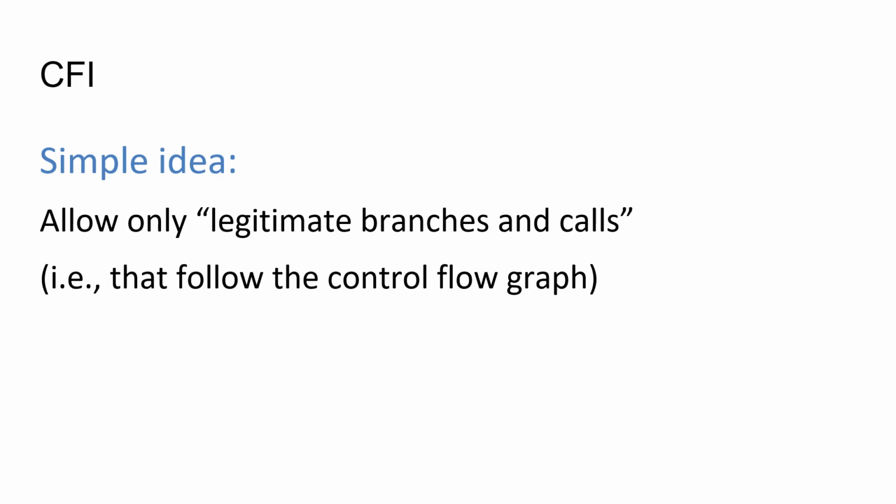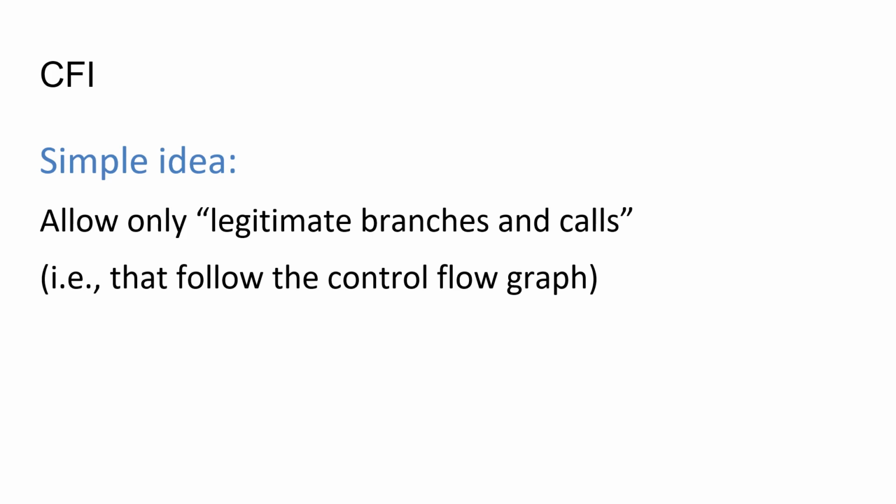We want to have a program executed, and we want it to follow only the legitimate branches and calls, the ones that we determined statically, that the developer intended. So we don't want to have arbitrary control flow in our program. We just want the control flow to follow the statically determined control flow graph.